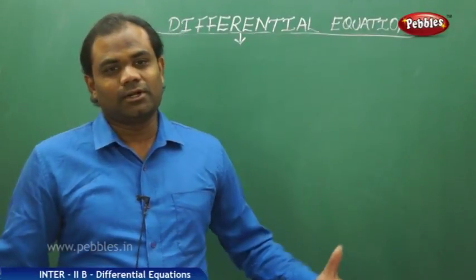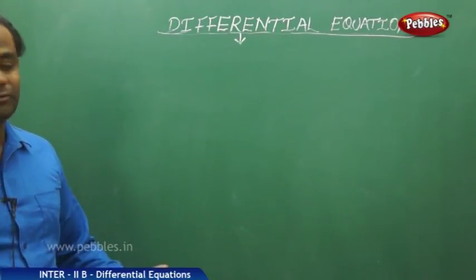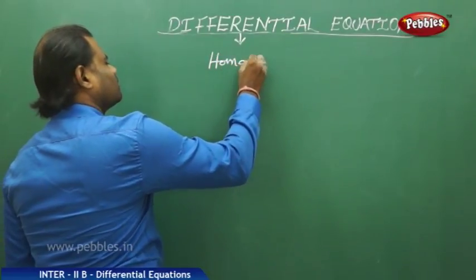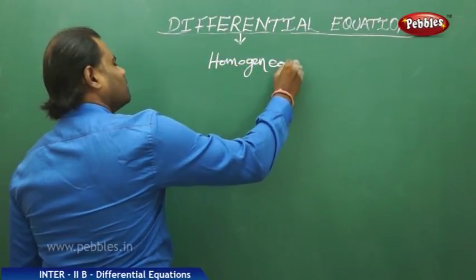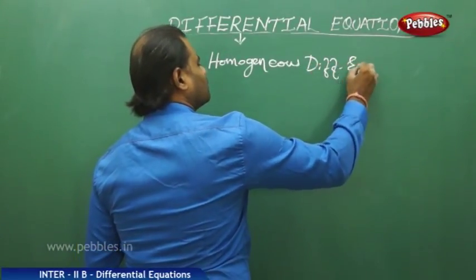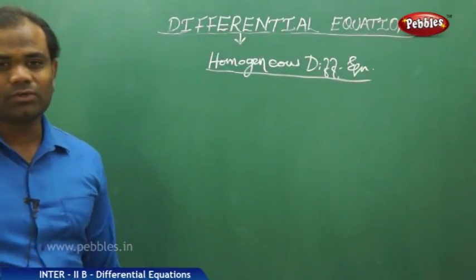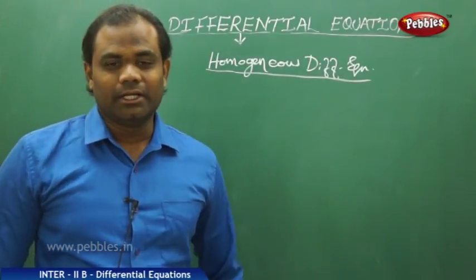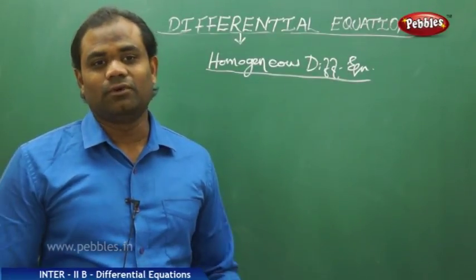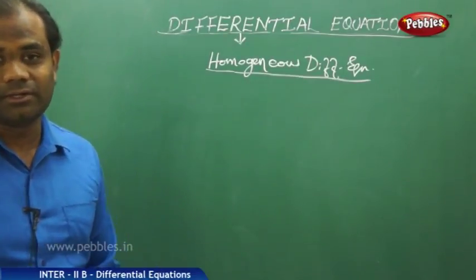The next concept connected with homogeneous function is homogeneous differential equation. So now that we have discussed homogeneous function, a differential equation of first order and first degree which involves a homogeneous function is called a homogeneous differential equation.